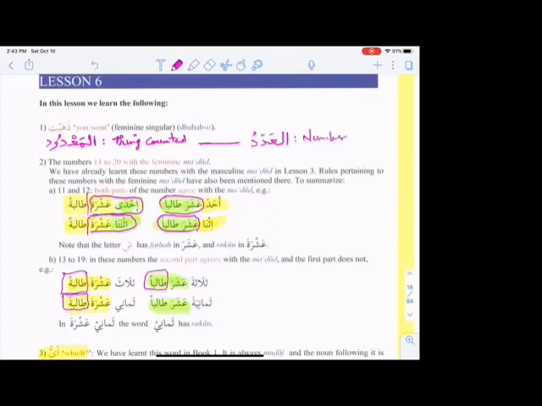Taliban is masculine, Talibatan is feminine. This is feminine, and this is masculine. As you can see, this part is opposite of masculine, sarasata.